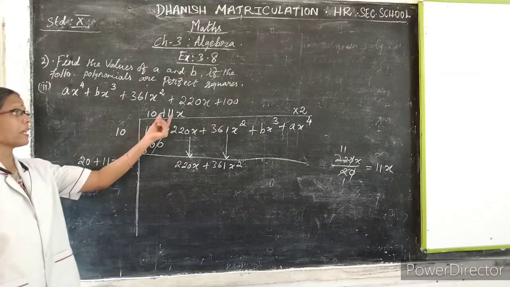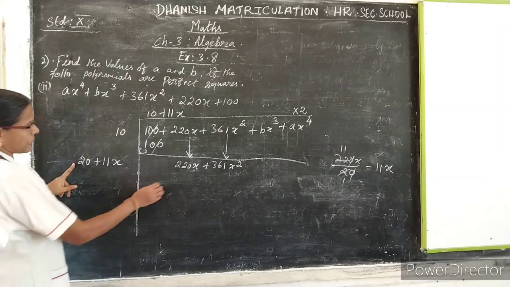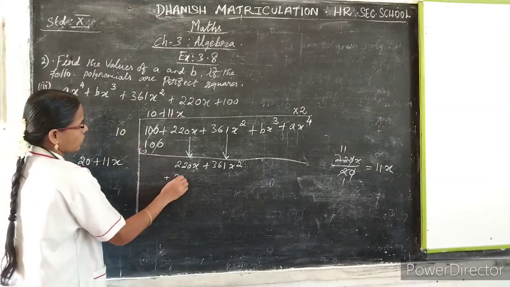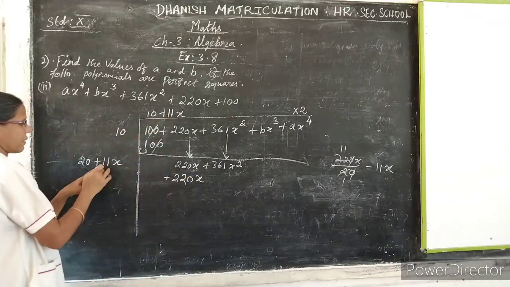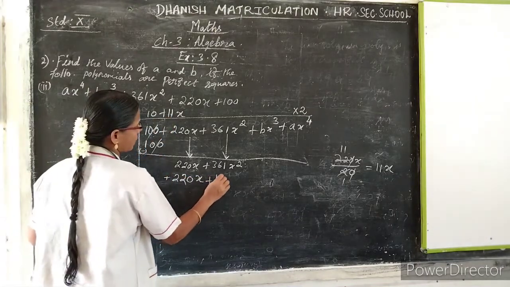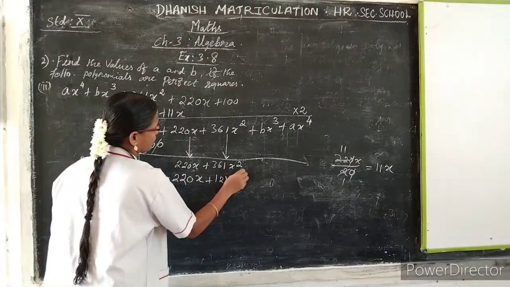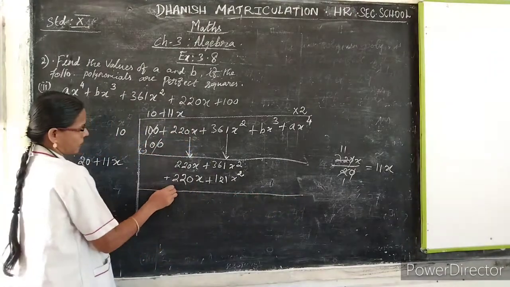Multiply this polynomial by this quotient term plus 11x. So plus into plus is plus, 11 2s are 22, tag the 0, 220x. Now 11 11s are 121, plus 121x into x square. Now change the sign to minus.